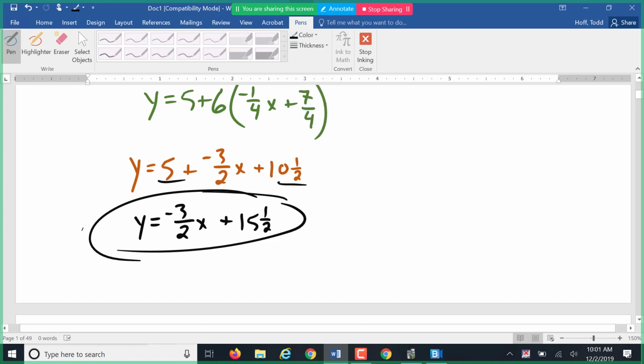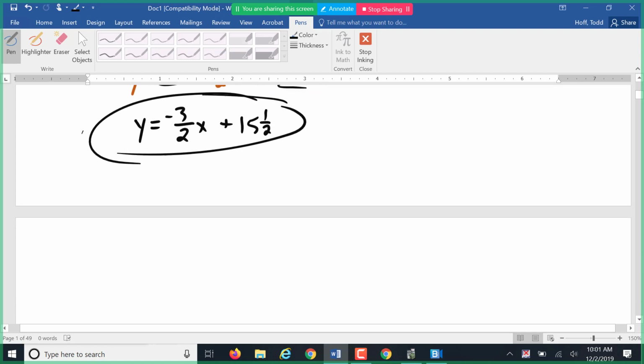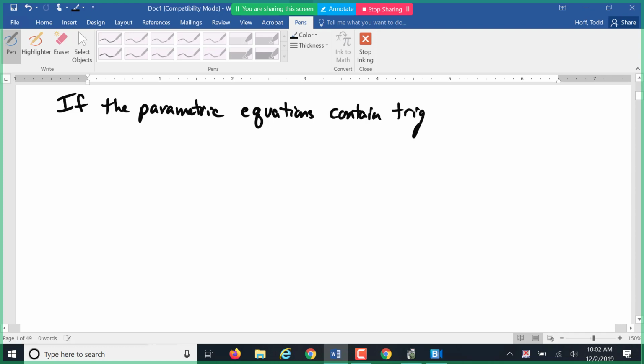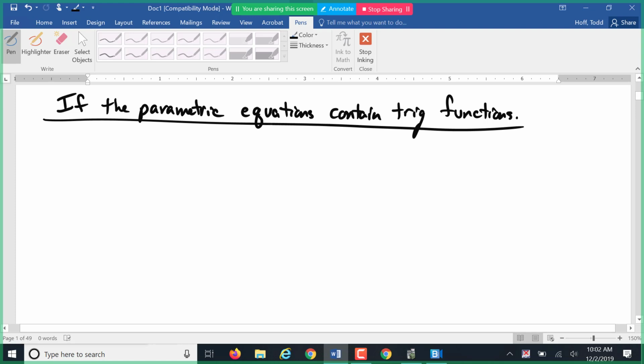Well, not all of our parametric equations can be solved quite so simply. One other method that we might use, especially if the parametric equation contains trig functions, is to turn them into some of our common trig identities.